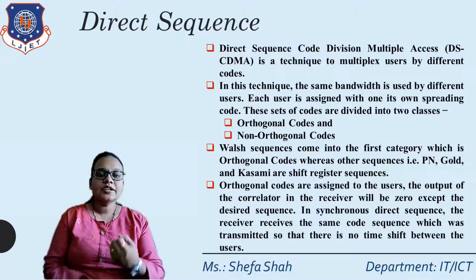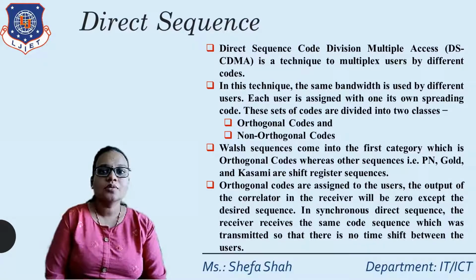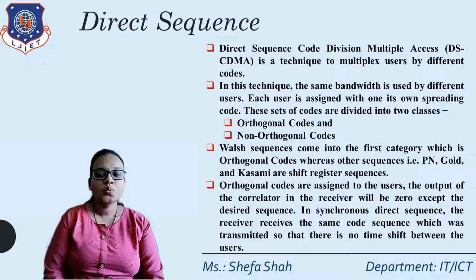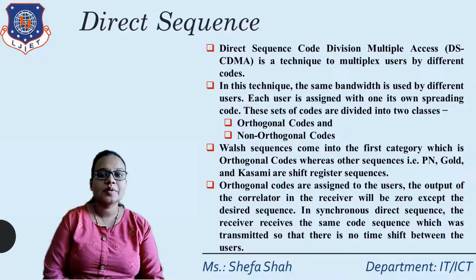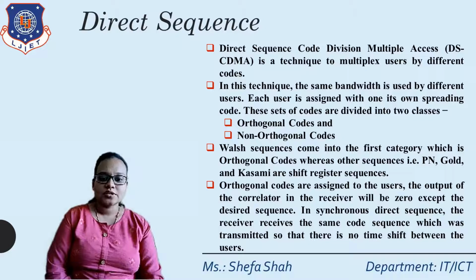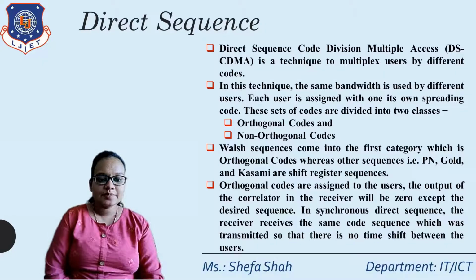Walsh sequences come into the first category, which is orthogonal codes, whereas the other sequences, that is the PN, Gold and Kasami sequences, are shift register sequences. So orthogonal codes are assigned to the users. The output of the correlator in the receiver will be 0 except for the desired sequence.